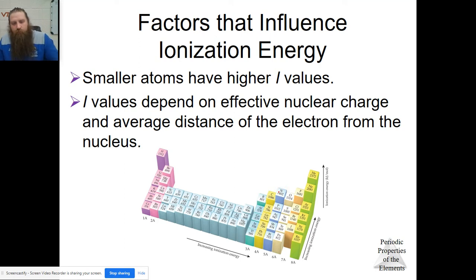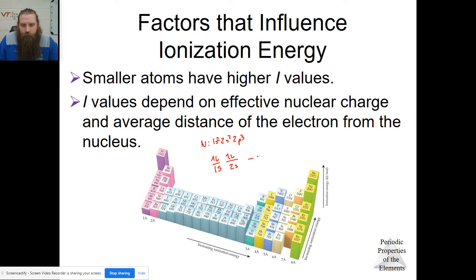So nitrogen, if I'm looking at the orbital diagrams here. Let's do nitrogen. I have 1s2, 2s2, 2p3.